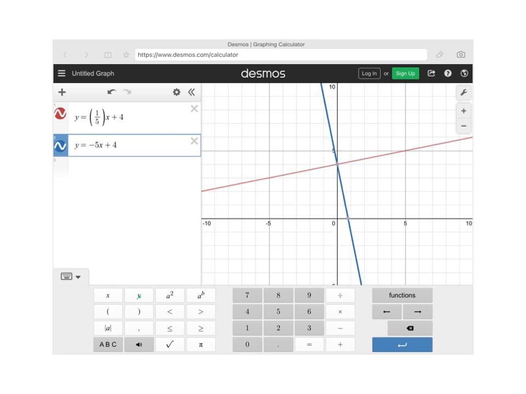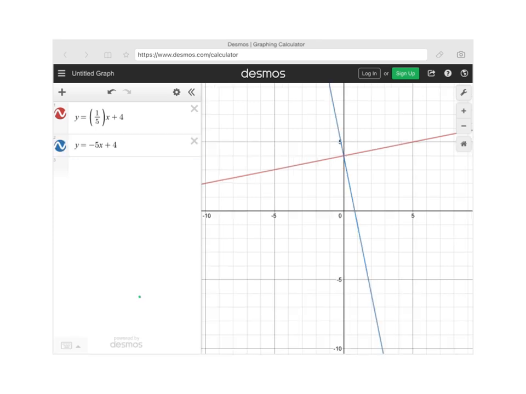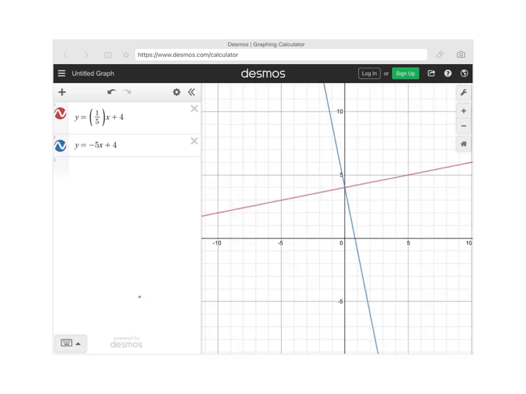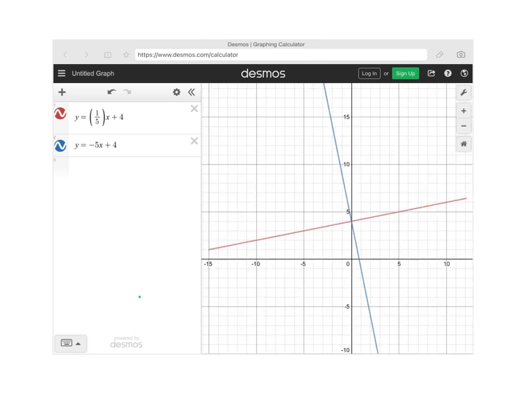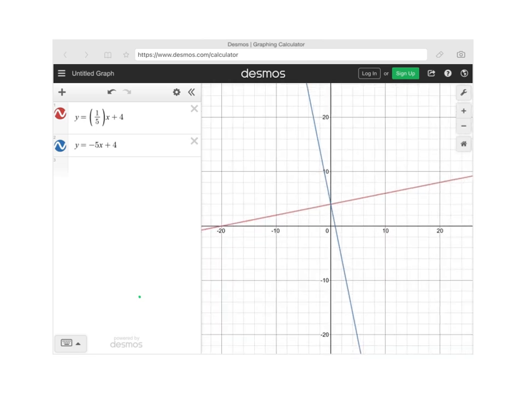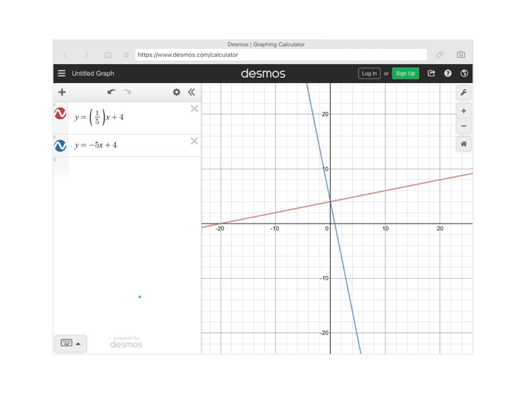You can see here that these lines are perpendicular. Now, you've got to be careful in this case with Desmos, because if the window changes, the window is even here. It goes from -10 to 10 on the x-axis and -10 to 10 on the y-axis. If that window changes at all, it may not look perpendicular later on. I'm trying to see if I can make it look not perpendicular, but I guess Desmos is pretty user-friendly like that. But you can see here that we do have those right angles. Therefore, these lines are perpendicular.